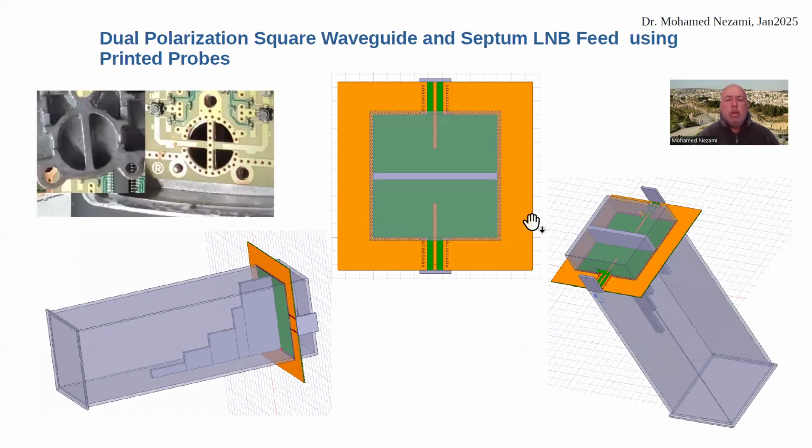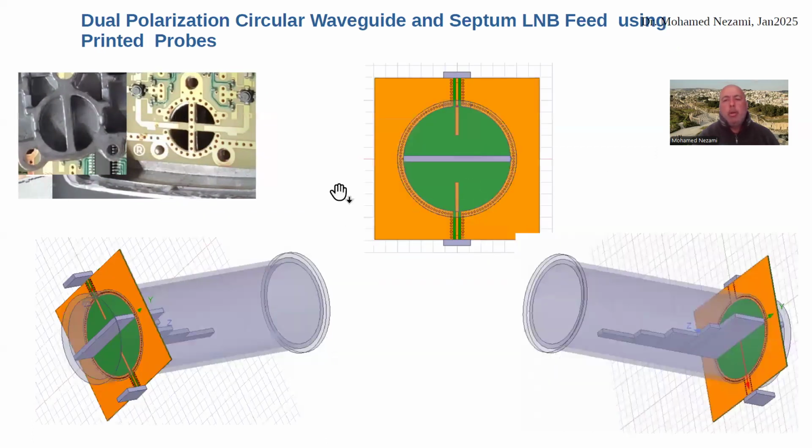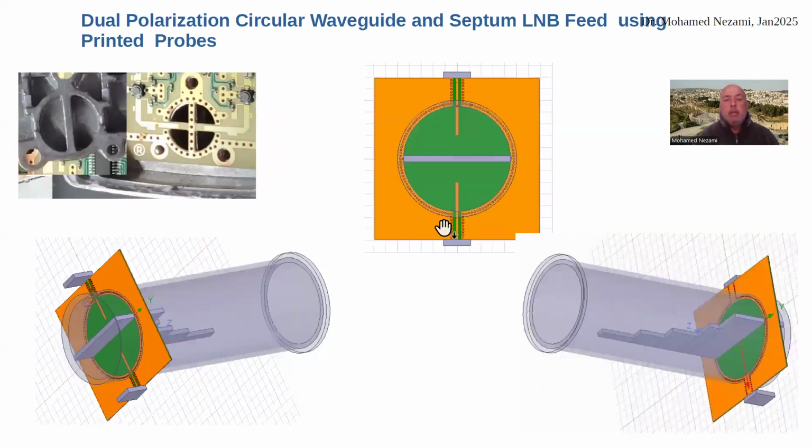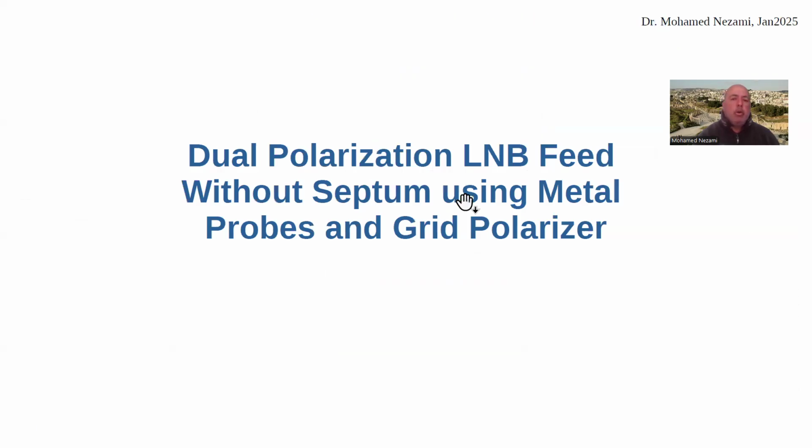I'm going to show you how you can actually design this using both a square waveguide and a circular waveguide. So I'm going to wait here and start a new video for you on this.